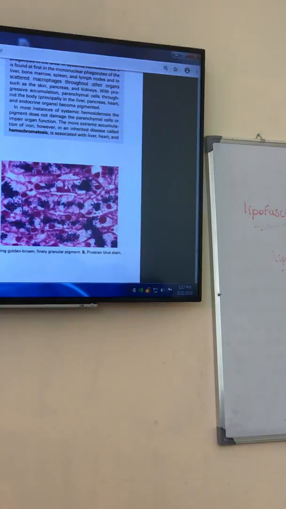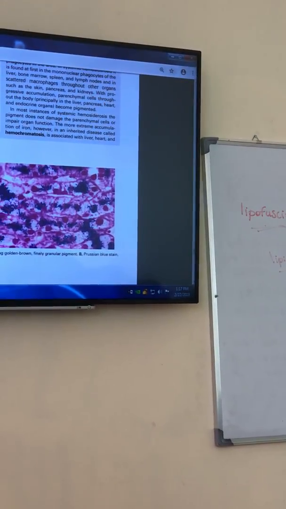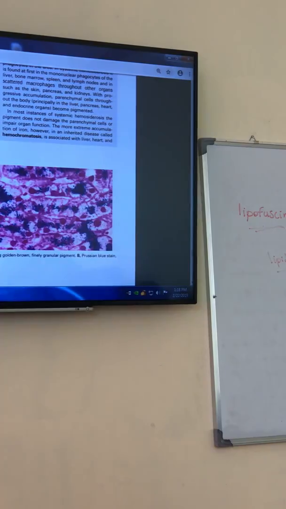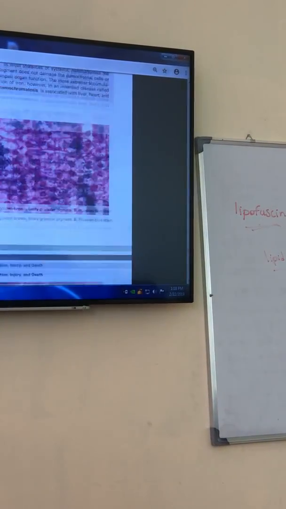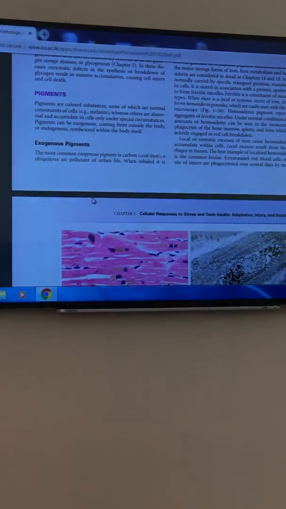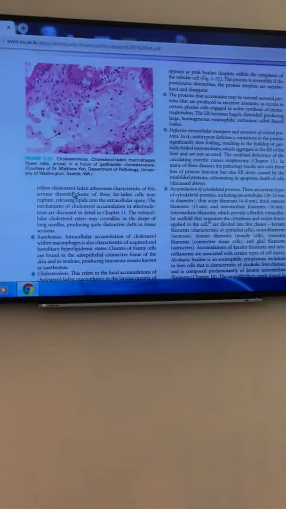One of the changes is the deposition of iron as hemosiderin. So locally, hemosiderin can also be seen, for example, in bruises. This is the part on intracellular accumulations.